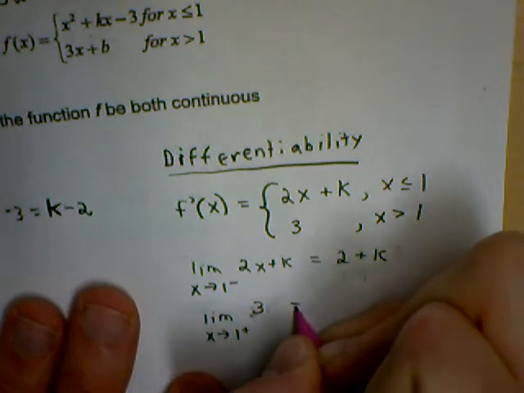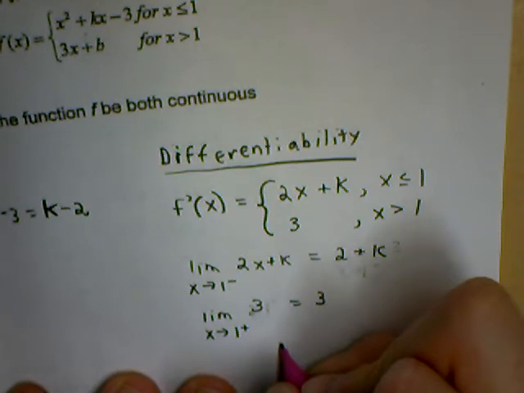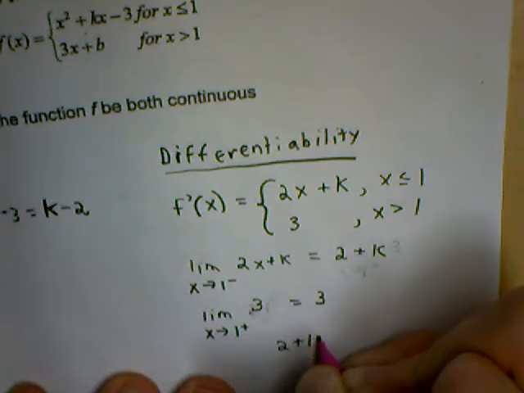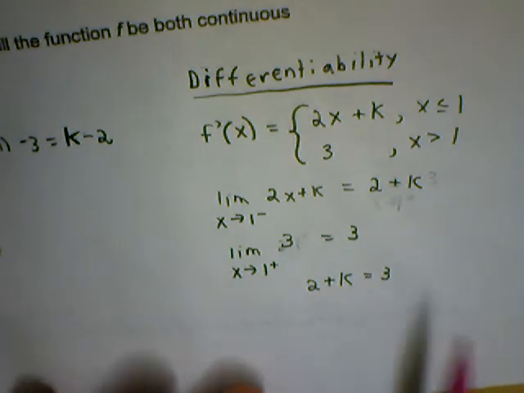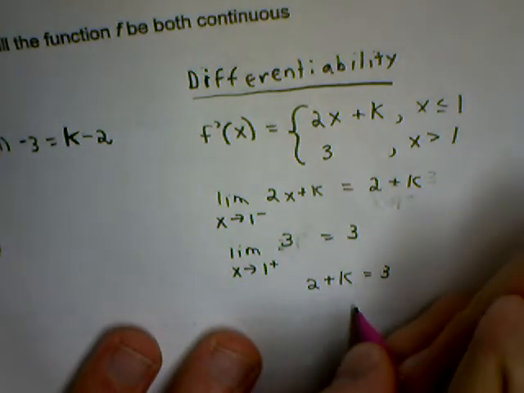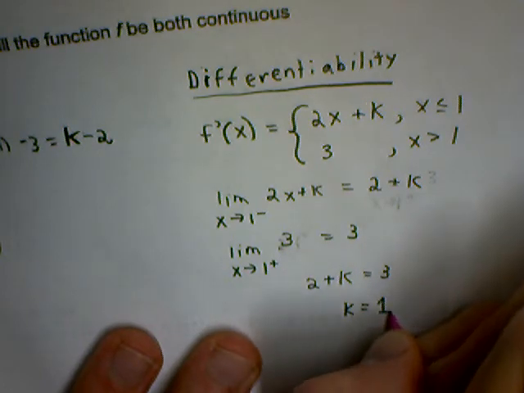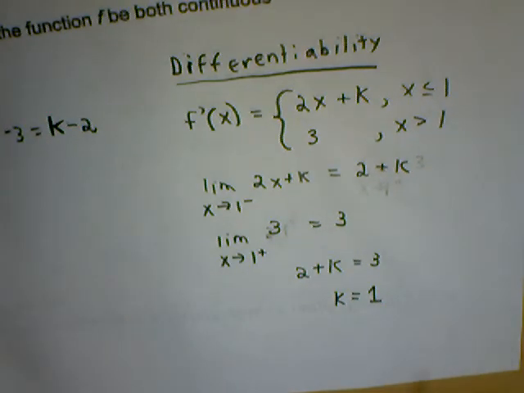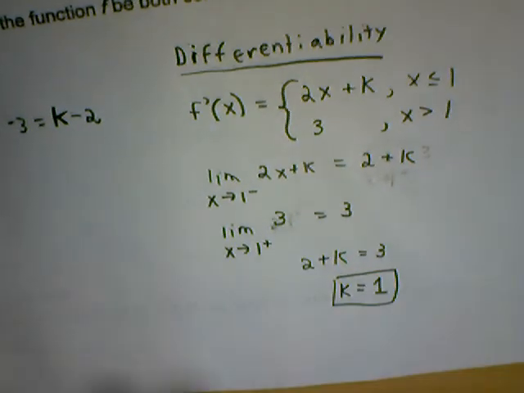You can't plug anything in, so I just get 3. Set these equal. Now, I don't need to set up a system here because I can just solve for k. Subtract 3 from both sides. k is 1.